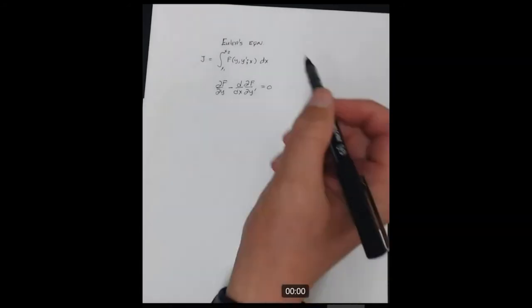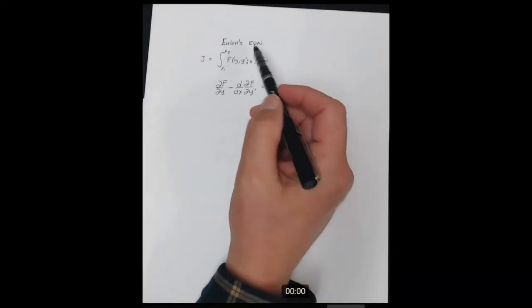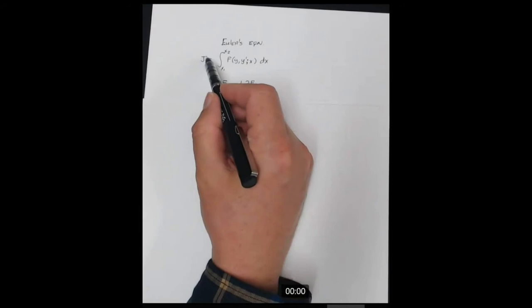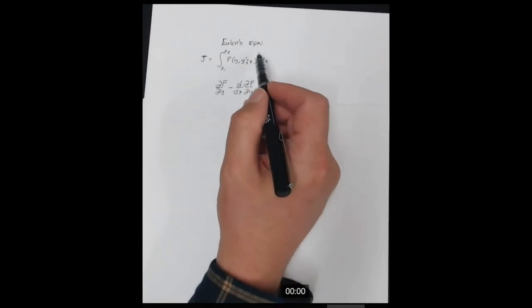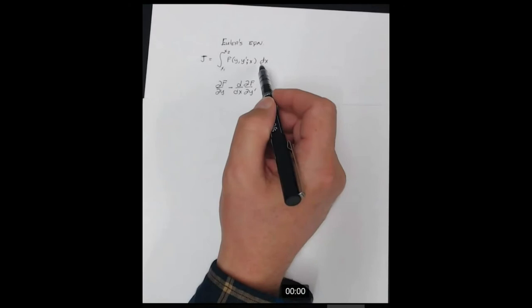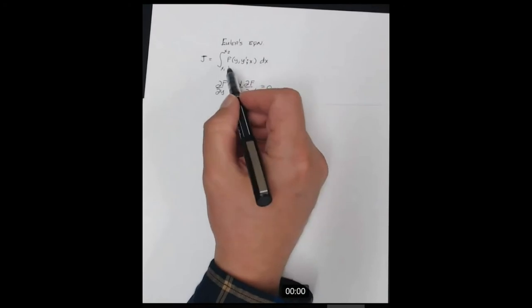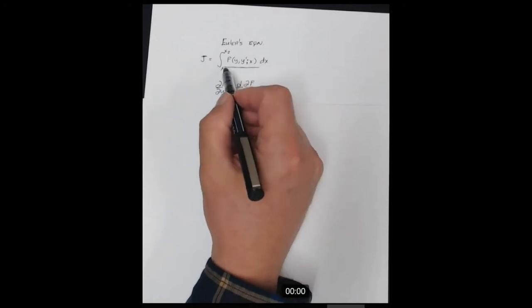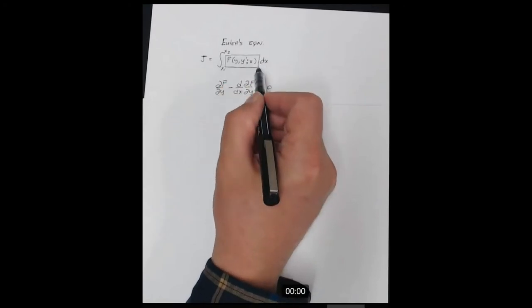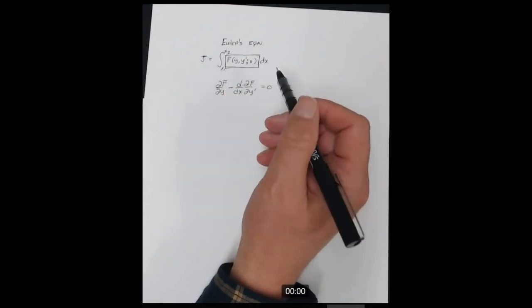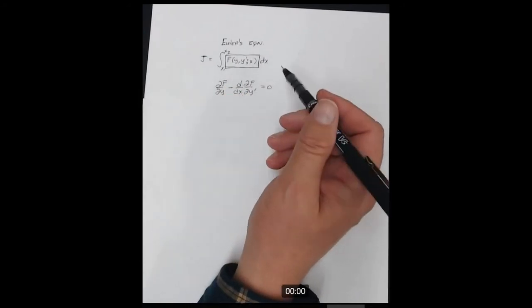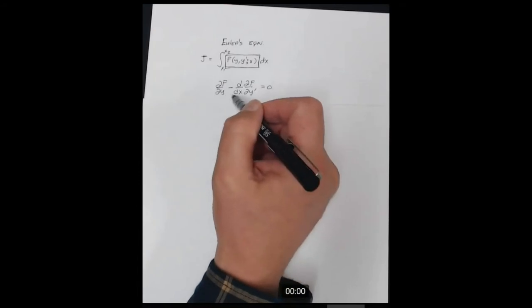So to get started, I want to remind you of Euler's equation. We had some integral that we want to minimize, and we found that this integral, which we call a functional here, has one of the conditions that we must satisfy to minimize it, which is Euler's equation.